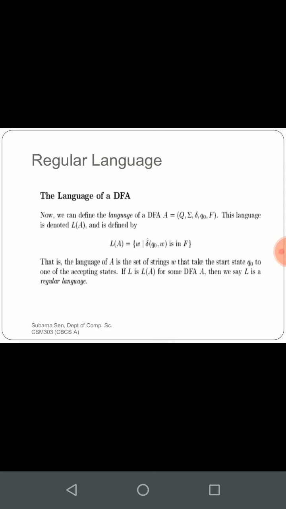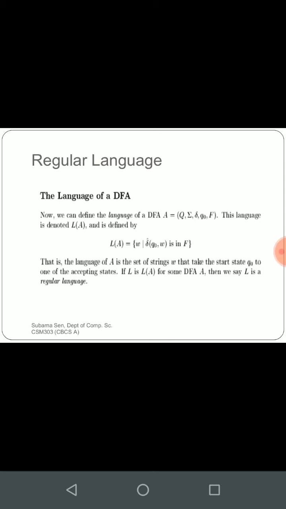This language of A is the set of strings W that take the start state Q naught to one of the accepting states. Whether a string is accepted by a finite machine depends on whether that string can be generated starting from the initial state and ending at one of the final states.